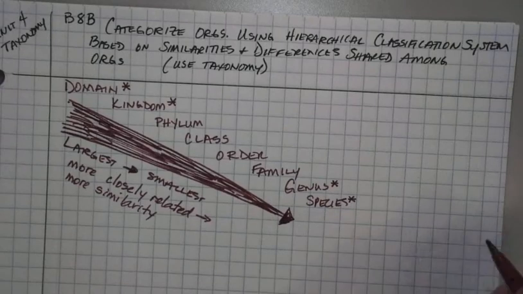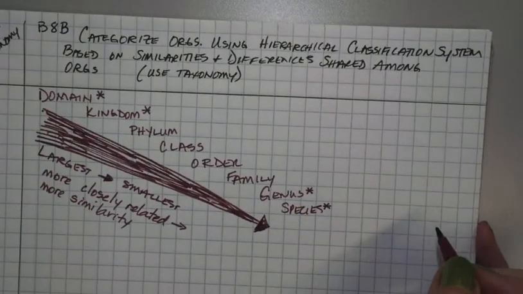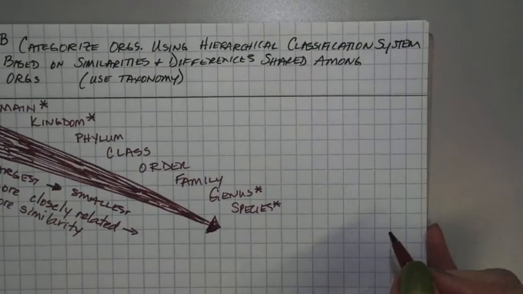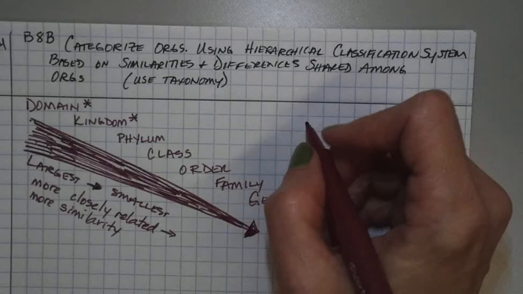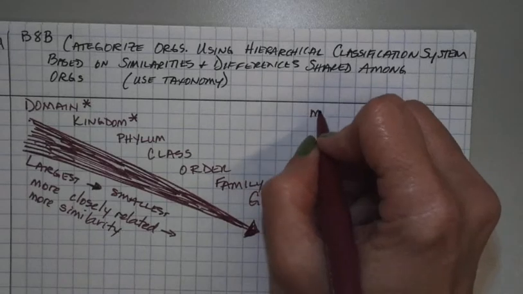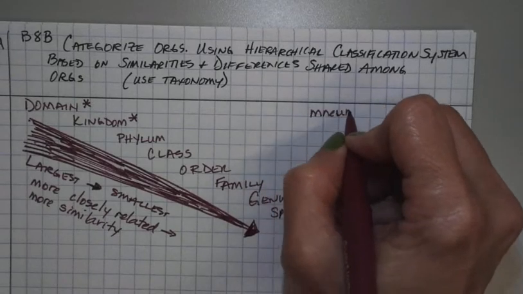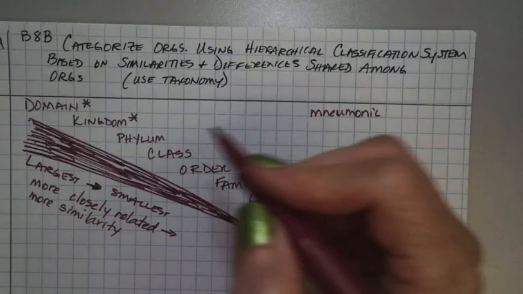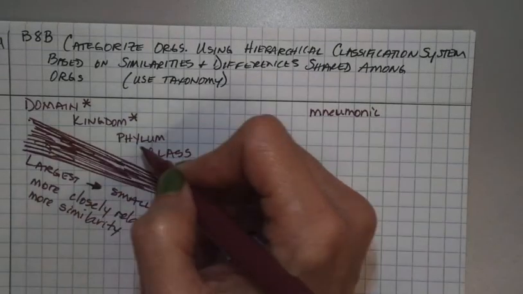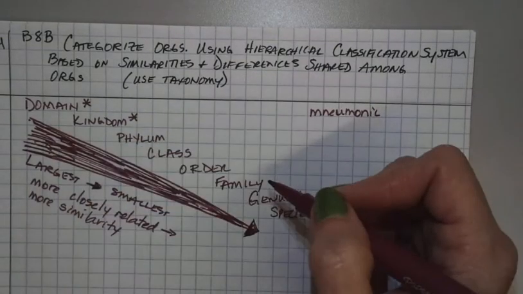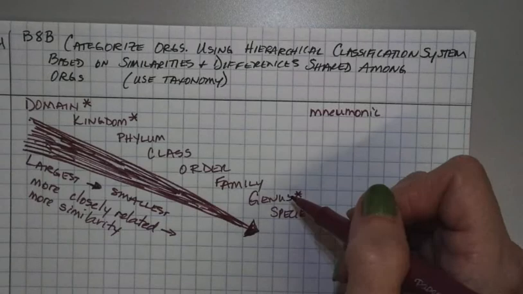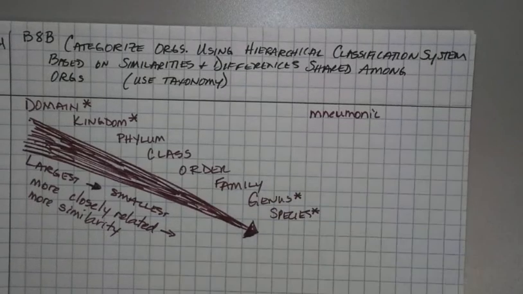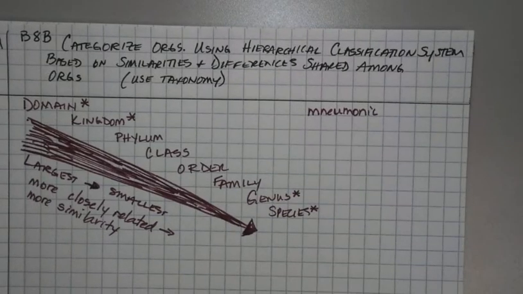Typically what I'd like you guys to do is I'd like you to come up with some type of mnemonic. So a mnemonic means that you come up with a little rhyme, or using the first letters you come up with a sentence or something. Like you might have come up with a little mnemonic to memorize all the planets.